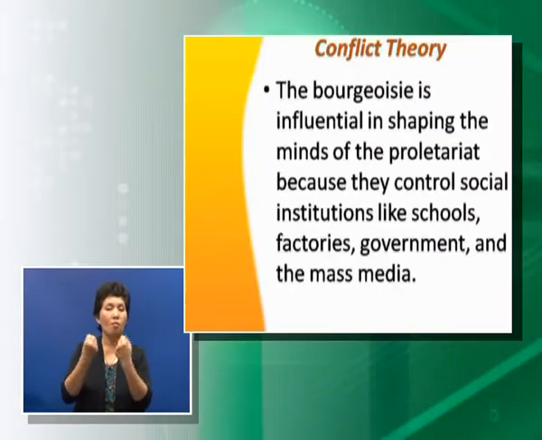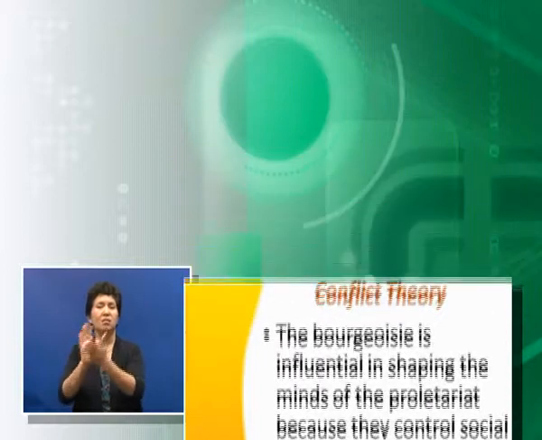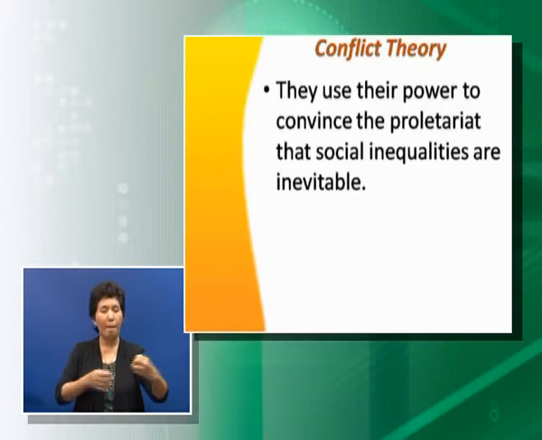He also mentioned that the bourgeoisie is influential in shaping the minds of the proletariat because they are the ones who control the social institutions like schools, factories, government, and also the mass media. With that, they manage to use their power to convince the proletariat that social inequalities are inevitable.